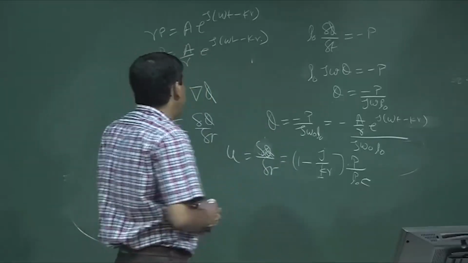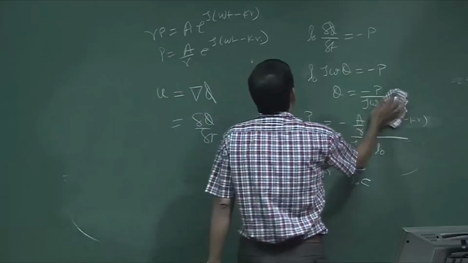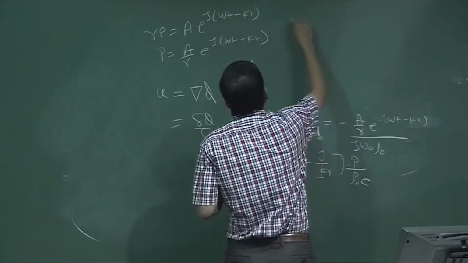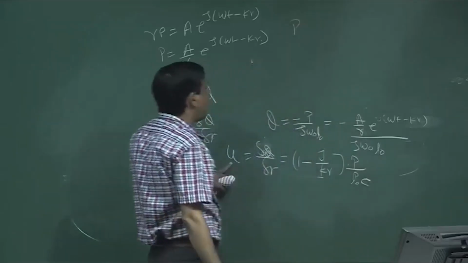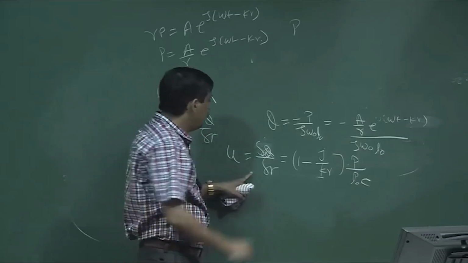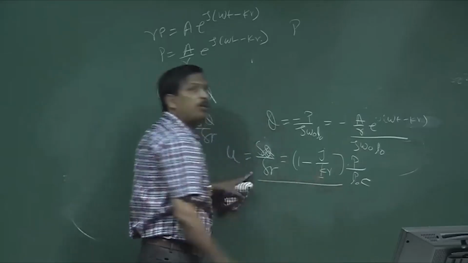Now see that in case of a linear wave equation, the pressure wave P and phi are in the same phase, but here u is a function of some complex term.